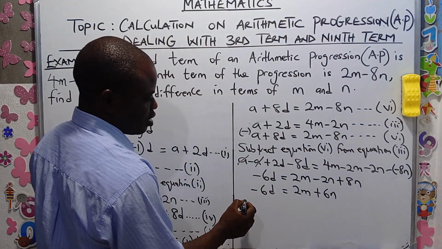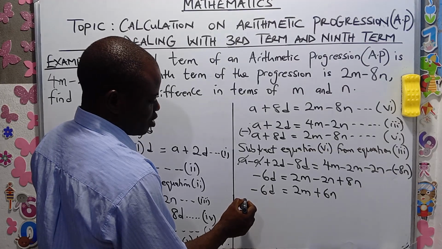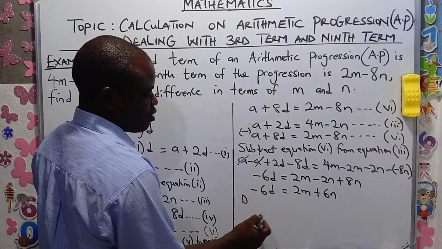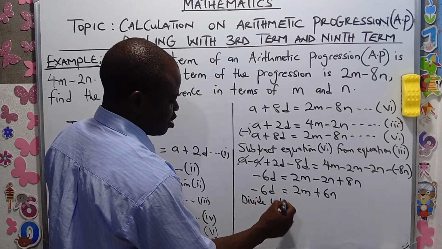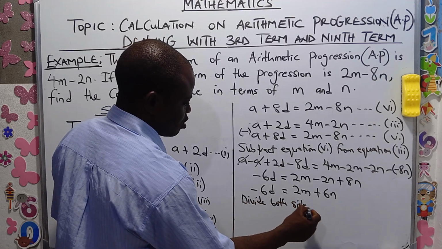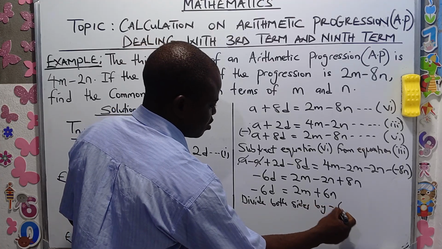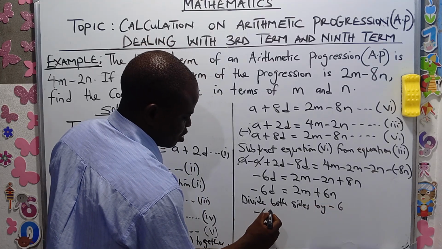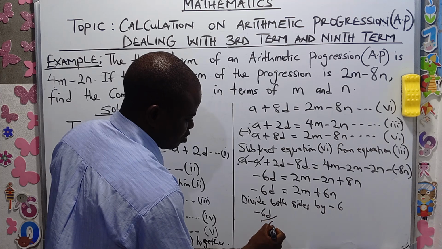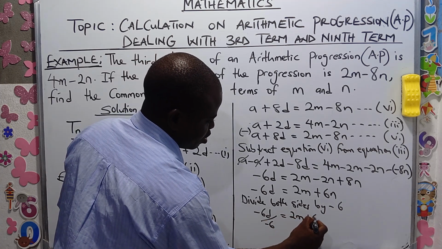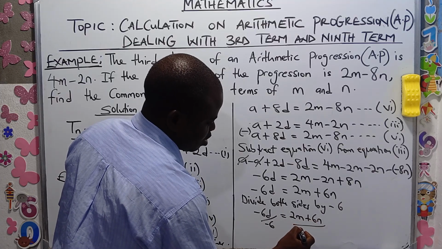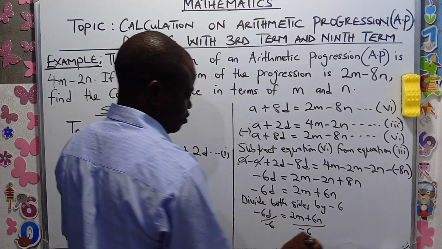Divide both sides by minus 6 so that you can get our common difference. That will be minus 6d over minus 6 equals 2m plus 6n divided by minus 6.